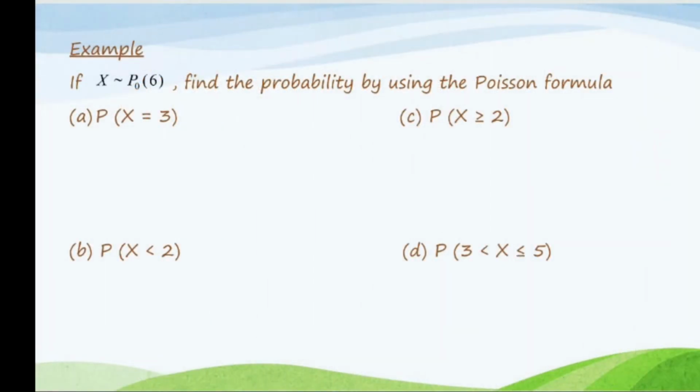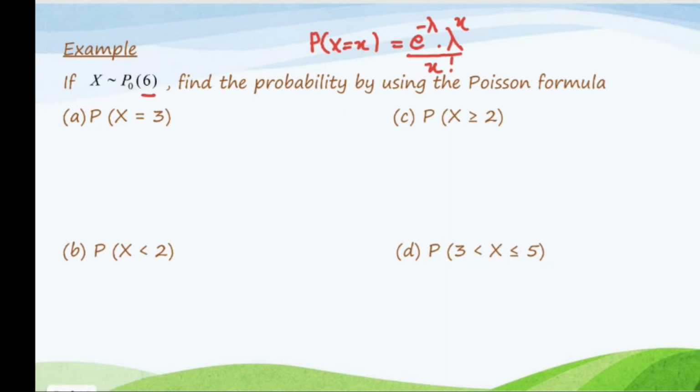Let's do this example. If X is a Poisson distribution where the mean or the lambda here is 6, find the probability by using the Poisson formula. So we know that the formula is P(X = x) equals e to the power of negative lambda multiplied with lambda to the power of x over x factorial. When we want to find P(X = 3), we just substitute 3 into x, and lambda here is 6.